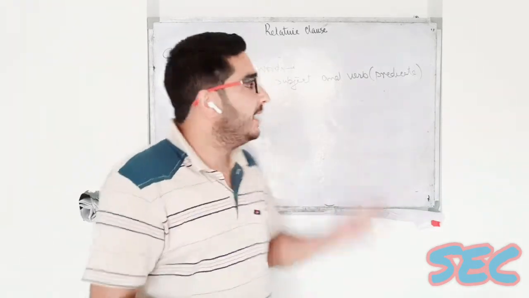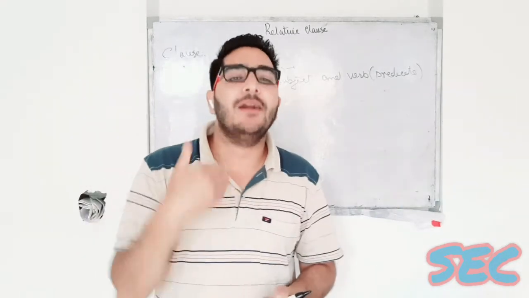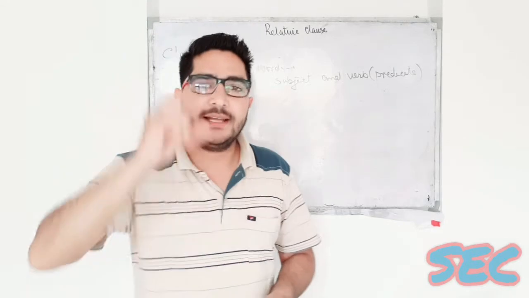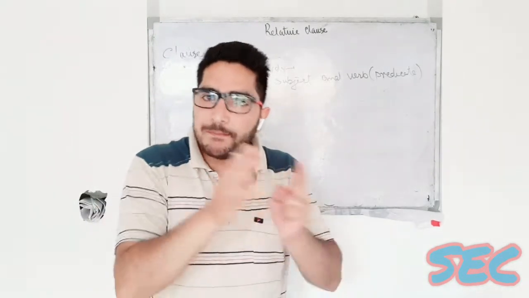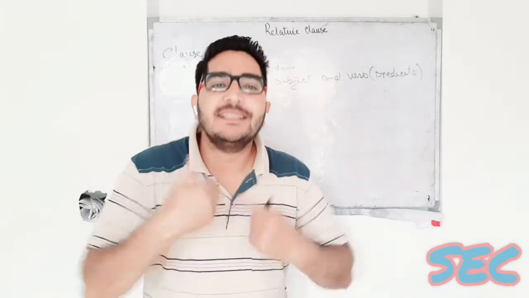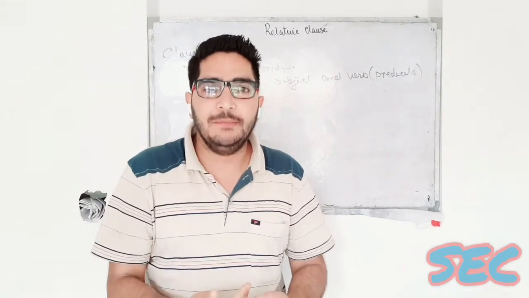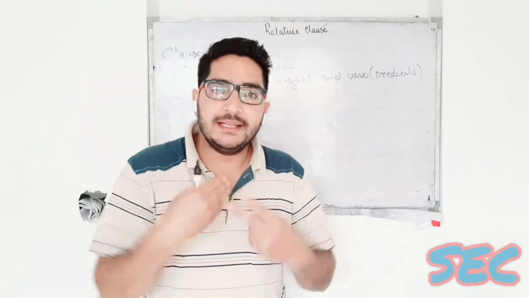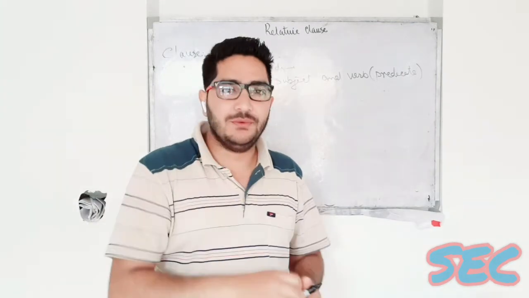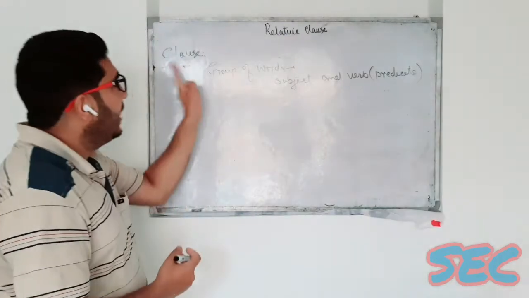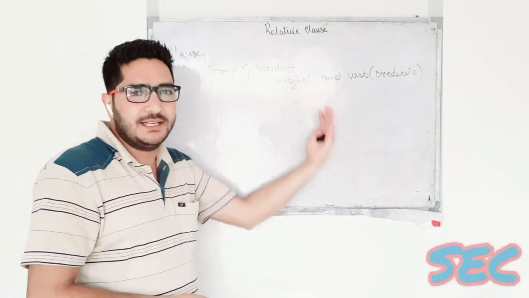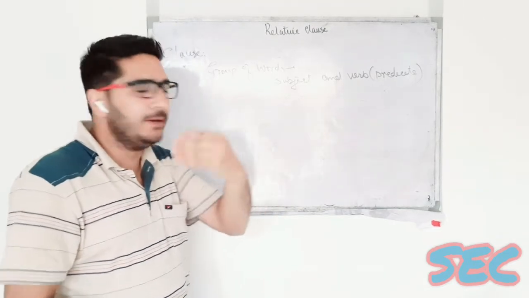So we shall see, yes, it can and it cannot. Yes, it has a subject, it has a predicate, and it is a part of a sentence, but sometimes it can make a sentence of its own, and sometimes it can't. That we shall discuss. So if we try to define a clause, it has a subject and a predicate and forms a part of a sentence.